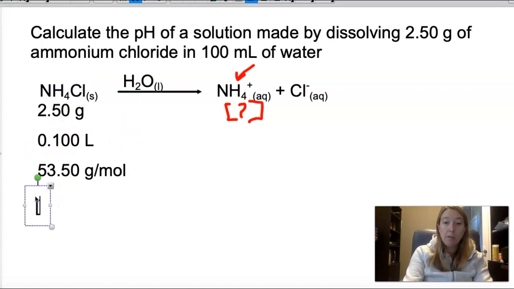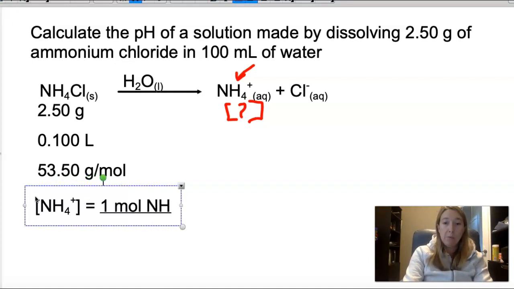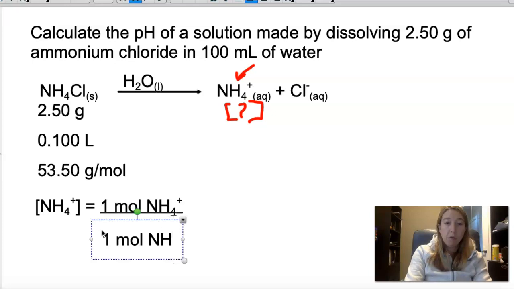Okay, so calculating the concentration of the ammonium ion. We're going to do our unit analysis, so you should have the 1 mole of the ammonium over 1 mole of the ammonium chloride.